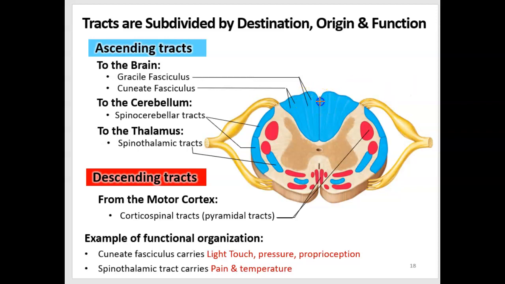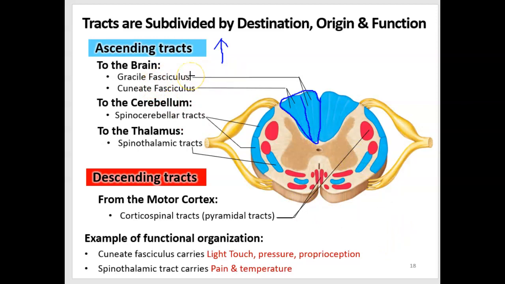So we know that the posterior column here, labeled turquoise, only carries ascending information, right? But there are two different types of tracts here, subdivided, and each one is called a fasciculus.